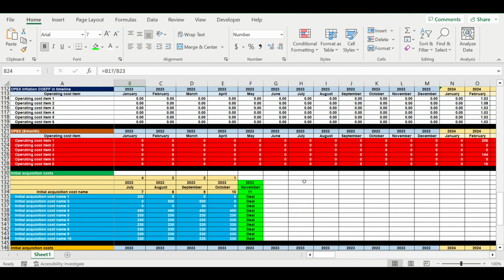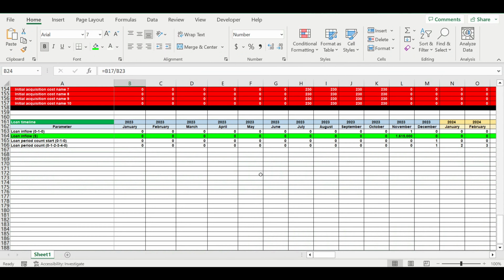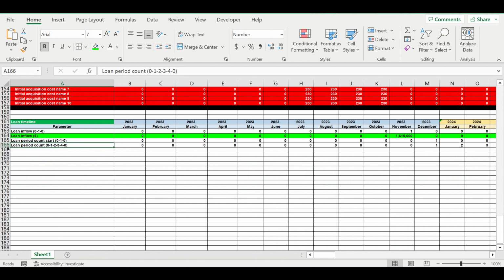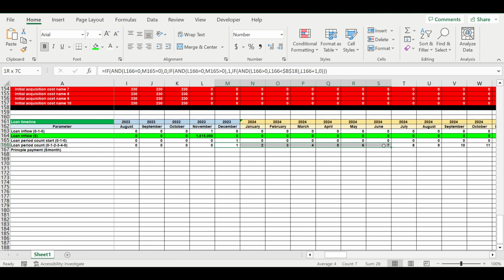Now we go back to our loan, and here is the principal payment, dollar per month. If this value is more than 0, and if this value is more than the grace period, we will be paying the principal. Otherwise here will be the grace period.